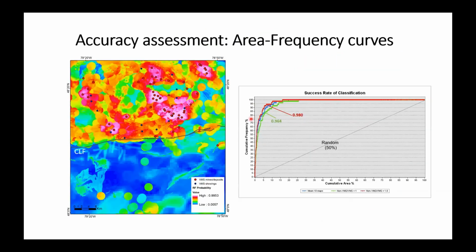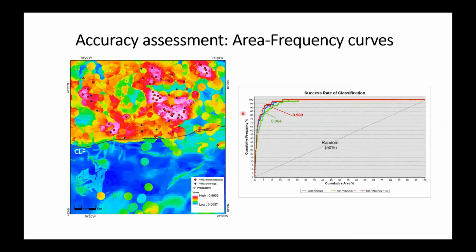And this one is the mean of 10 probability maps created from 10 runs. One way to assess the probability map is using area frequency curves, in which the percentage of cumulative frequency of deposits is plotted against the cumulative percent of area from high probability to low probability.